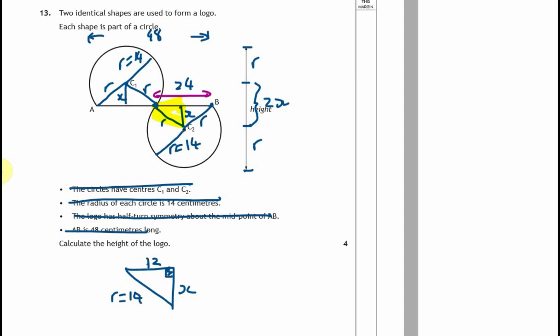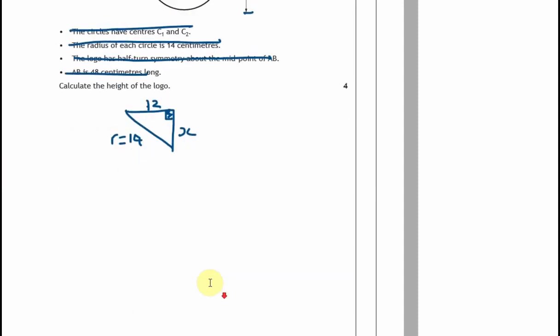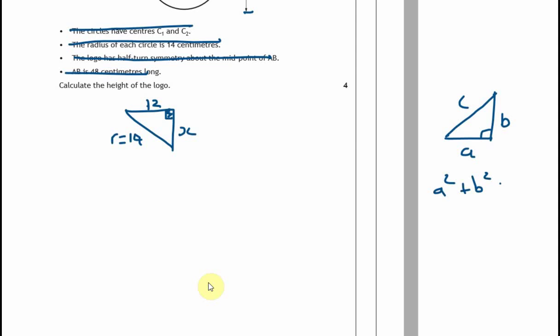Okay, so we're trying to find a short side, so we're going to do Pythagoras take away. Just to remind people, I'm sorry if loads of this is repeated because the videos do have the same kind of questions. Pythagoras is obviously A squared plus B squared is equal to C squared. The hypotenuse is always opposite the right angle.